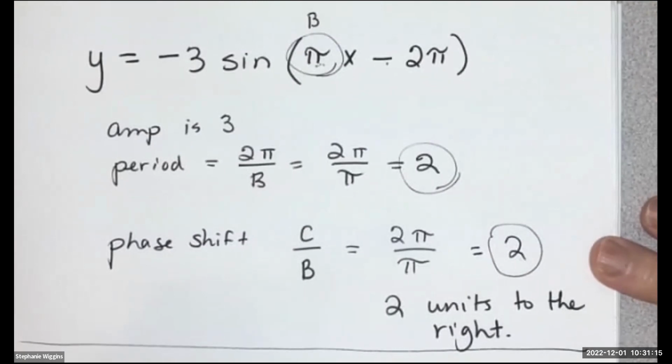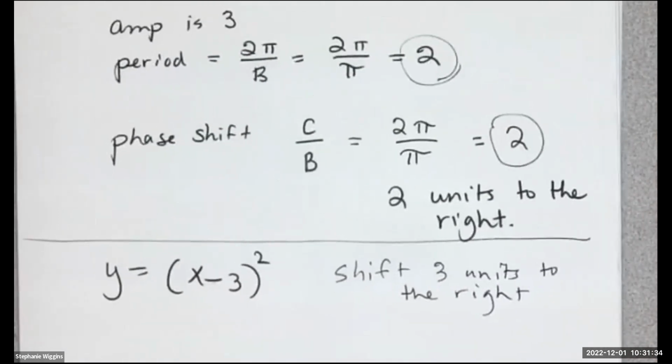When you had something like y equals x minus 3 squared, you shift 3 units to the right, because it's the opposite. Right is the positive direction, but this is a negative. So it's always the opposite of what you would think.